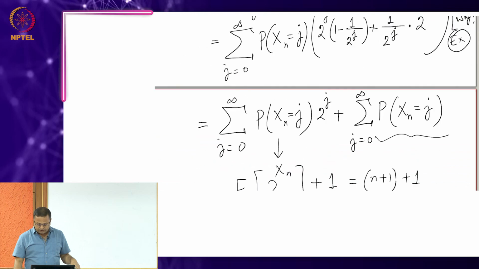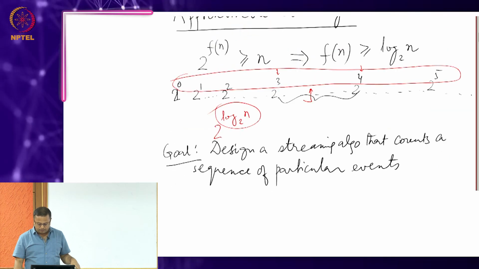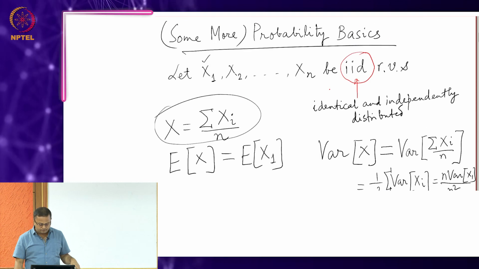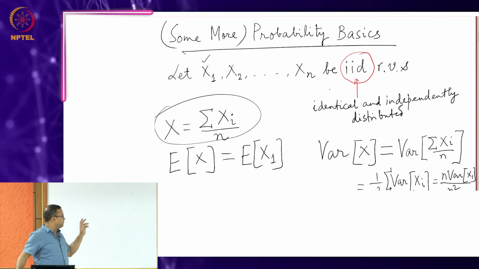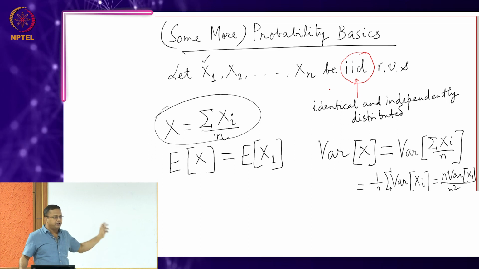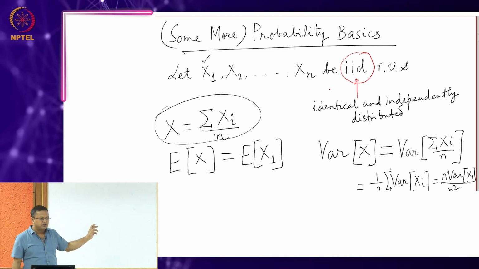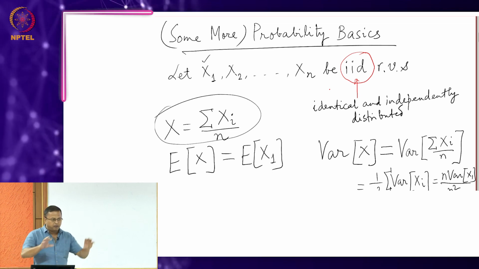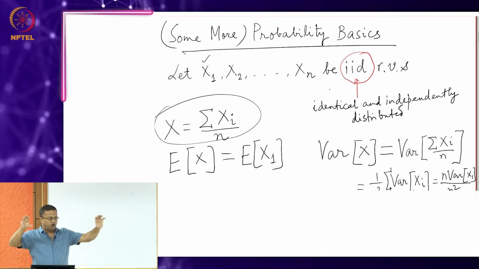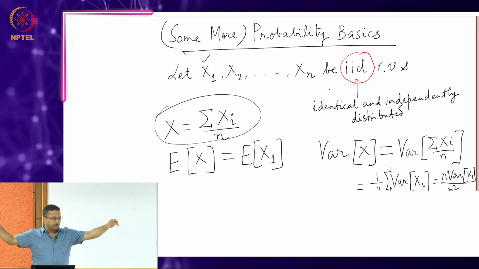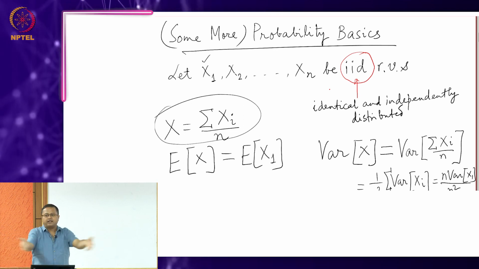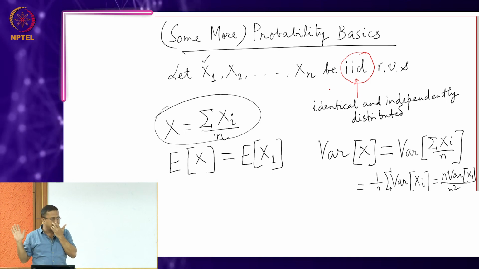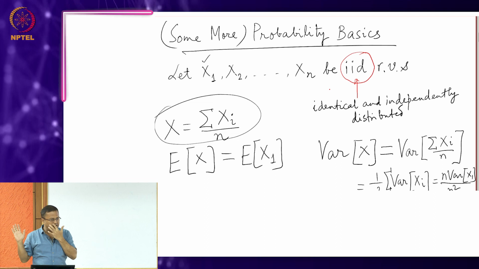Now, as I said, we would take recourse to this fact from probability, that if I have a bunch of IID random variables and I take their average, the expectation remains the same. So, if I take independent runs of Morris, take their outcomes and take the average, it will still remain an unbiased estimator, right.